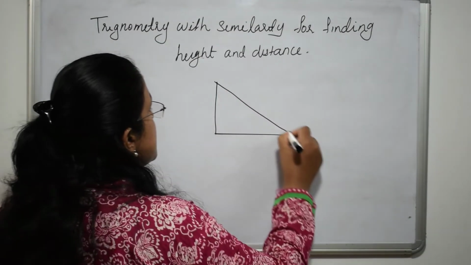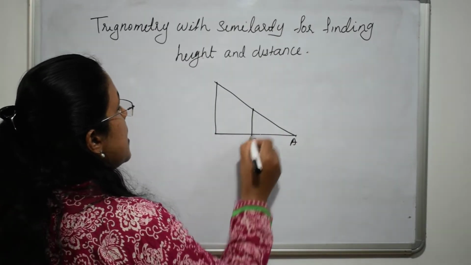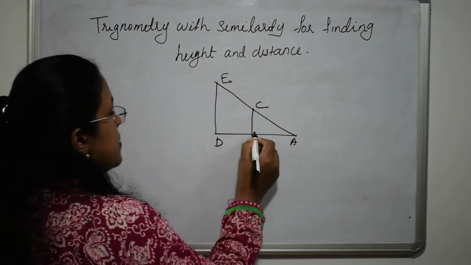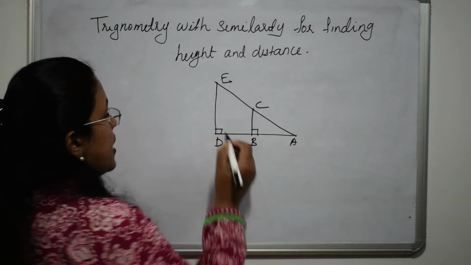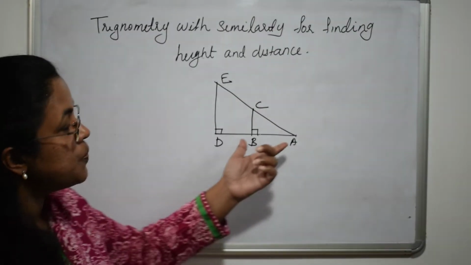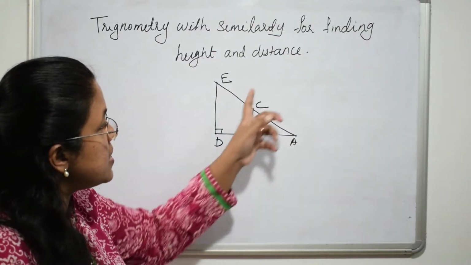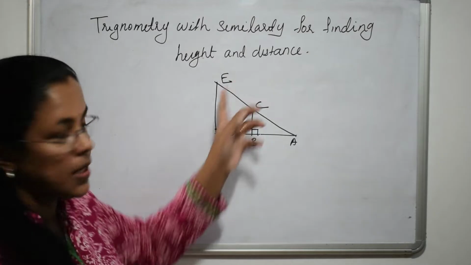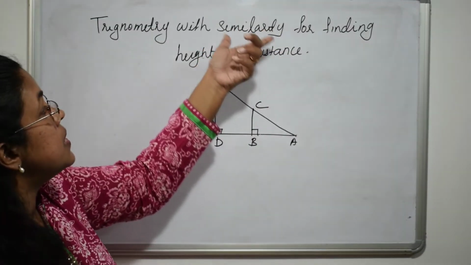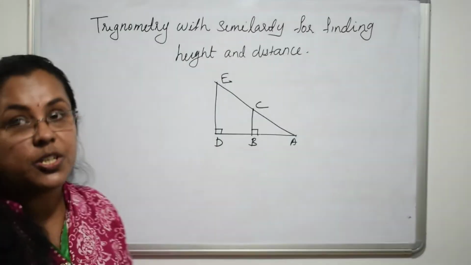Name them A, B, C and A, D, E. Right triangles at B and D. Now we are going to prove the similarity of these two triangles A, B, C and A, D, E. Why? Our aim is to relate similarity with trigonometric ratio.